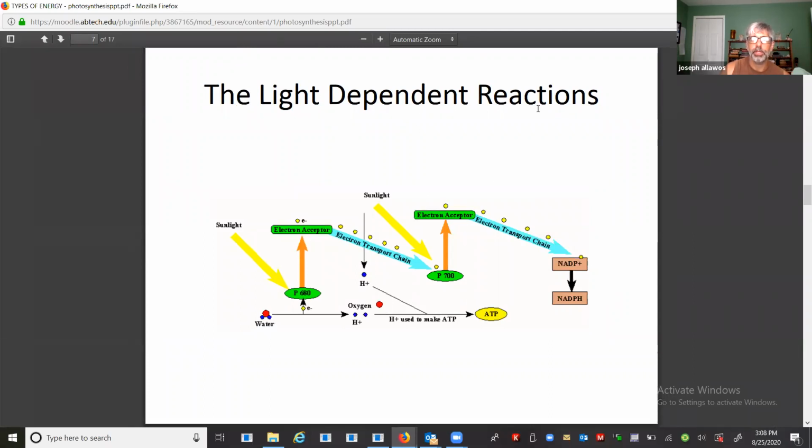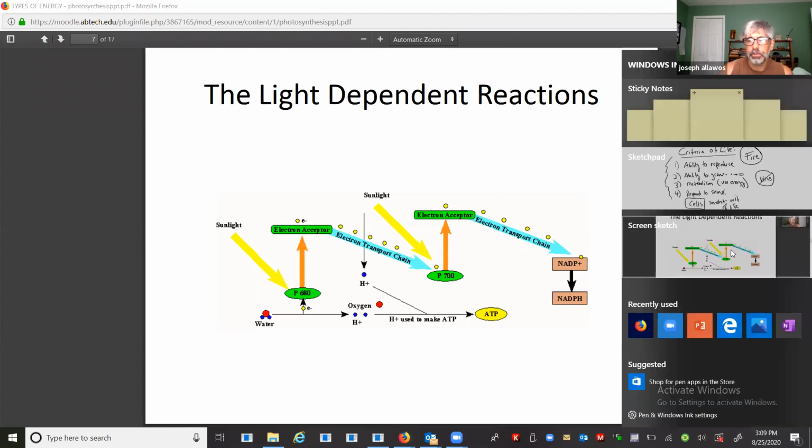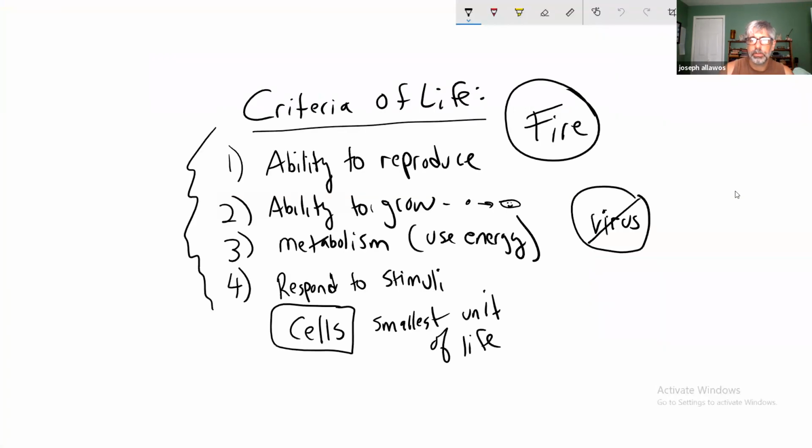Here we are, the light-dependent reactions, and you can see here's one that I stole from a textbook showing this process. But we're going to draw our own. I think it's really very helpful for us to draw our own version of it. Okay, so here's what it's going to look like.